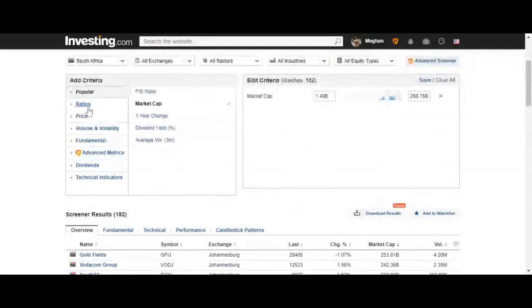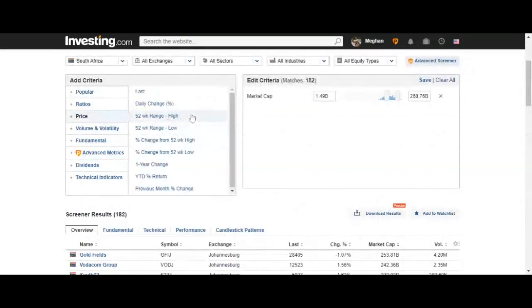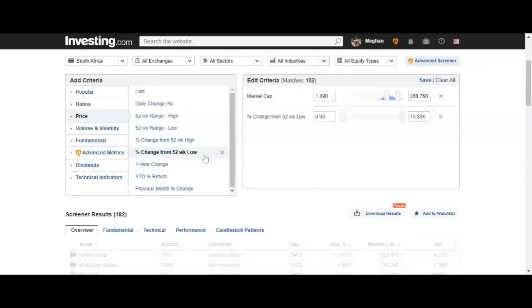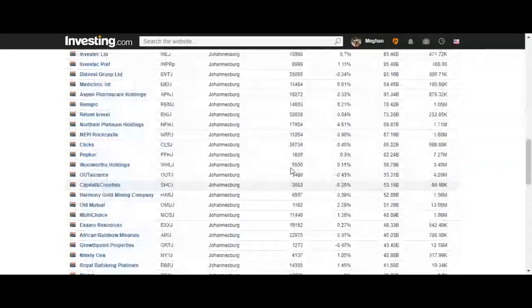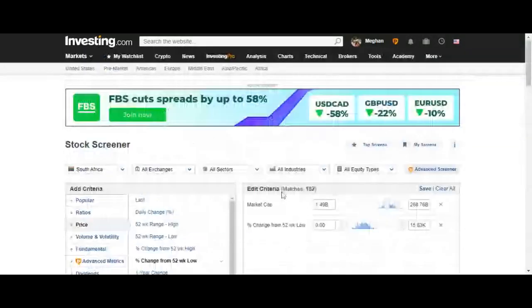We can go to different variables. If you wanted, for example, shares that have recently done badly, go down to this 52-week low. We get the shares that have not performed very nicely in the recent past. You could change that up.